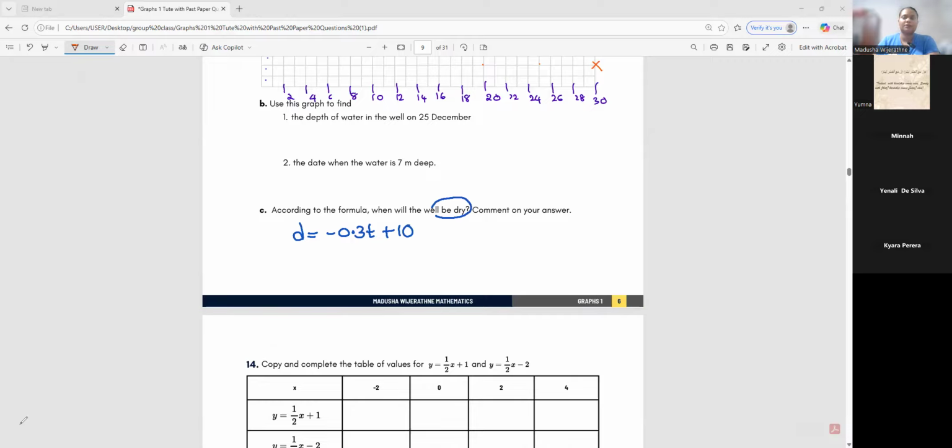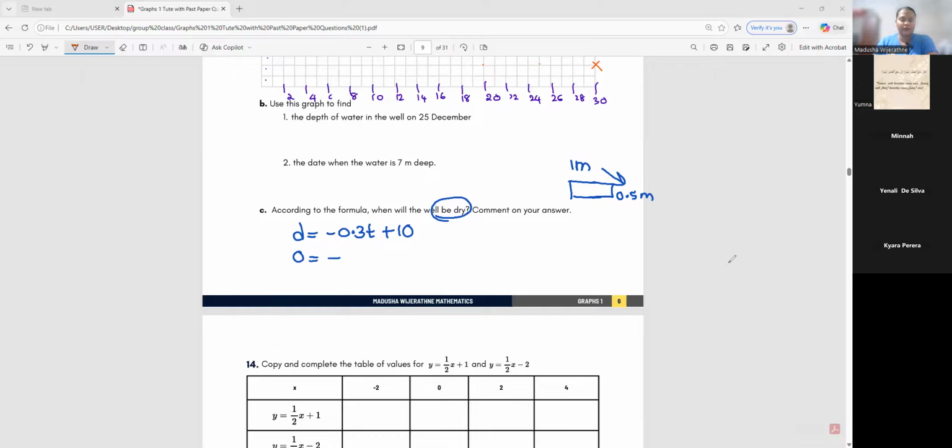On the 30th there was 1 meter of water, and on the 31st we don't know what will happen. But according to this formula, we can find when it will be dry. That means depth is 0. It is decreasing, next day it will be like 0.5 meters. Likewise it goes.